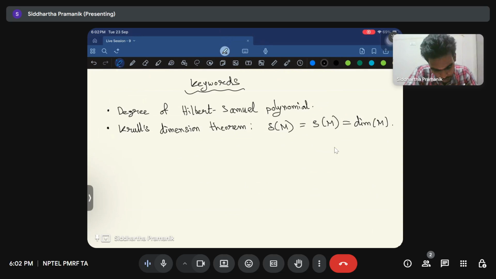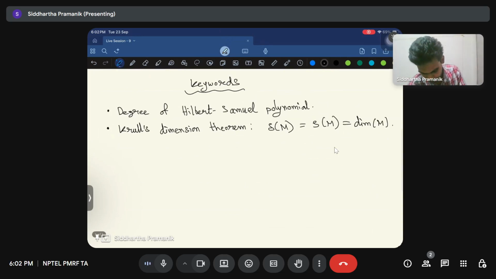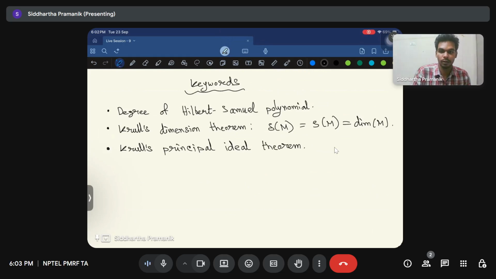After that, we have done Krull's principal ideal theorem. And then a somewhat more general version of this, which is known as Krull's height theorem. So both are important.